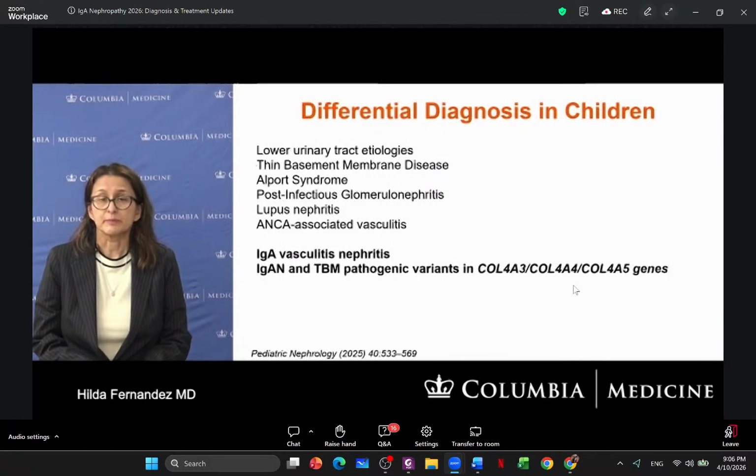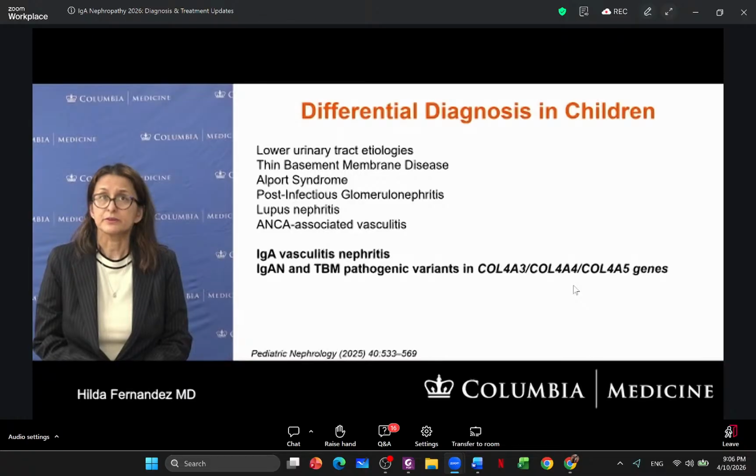The differential, as I mentioned before, is broad. You can see microscopic hematuria from a lower urinary tract etiology. This could be from some sort of stone or crystal disease. You can also have thin basement membrane disease, Alport syndrome, post-infectious GN, as we mentioned before, any kind of autoimmune disease, lupus nephritis, and as we were just hearing from Dr. Stokes, ANCA-vasculitis.